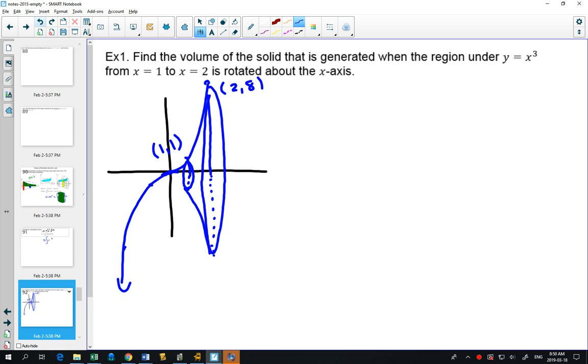Now, for visualizing this even more, this is where I like to use the crayons. I like to color things in. So if you were looking at this, can you see that this purple circle here is like the circle that you could see from the side, and then the orange part here is sort of the side of it.